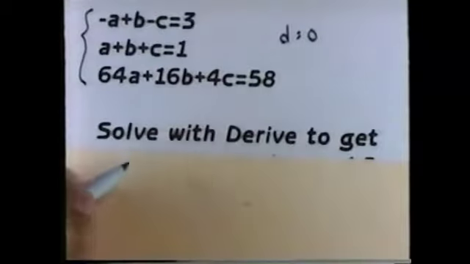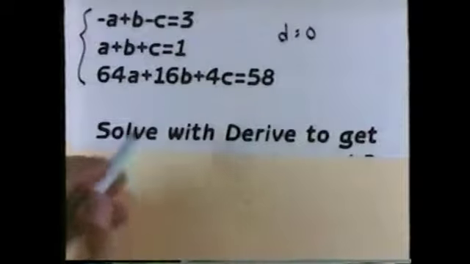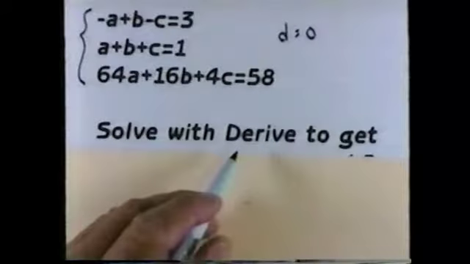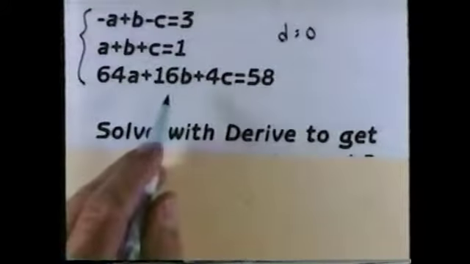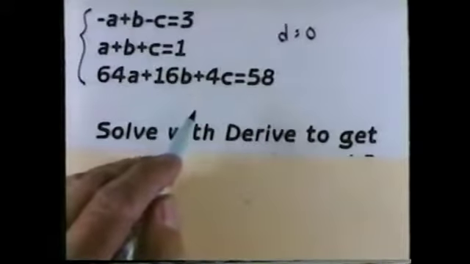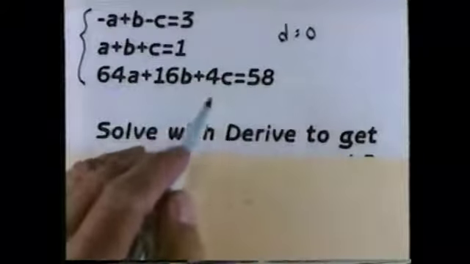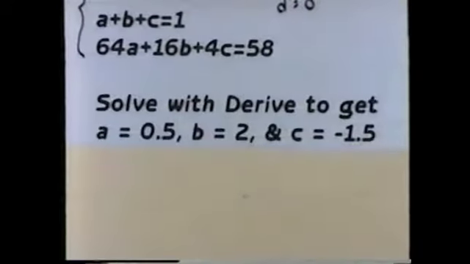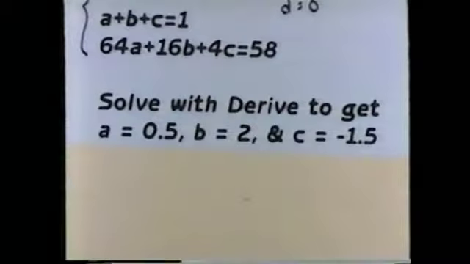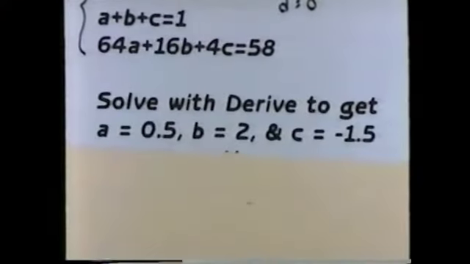I remember from tape 1, to use Derive, you load Derive in, you go to Author, you author the expression, and you put Solve, and then in parentheses and brackets, you put equation 1, comma, equation 2, comma, equation 3, close brackets, comma, start brackets, and put a, b, c as the variables, close brackets, close parentheses, and then you use Simplify, and you'll get the answers that a is 0.5, b is 2, and c is negative 1.5.